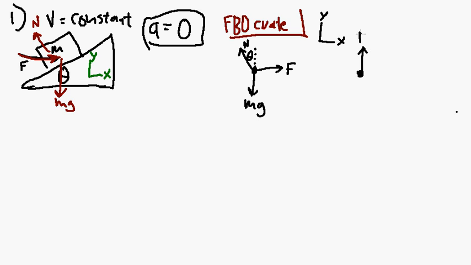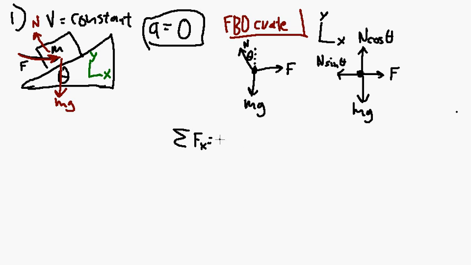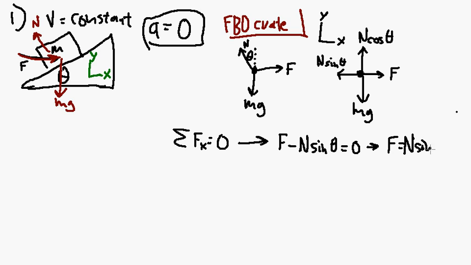Then let's flesh it out. There's n cosine theta. This way we have n sine theta. Here we have our applied force F, and there we have mg. Sum of forces in the x direction equals 0 because it's not moving. So F minus n sine theta equals 0, which means F equals n sine theta.